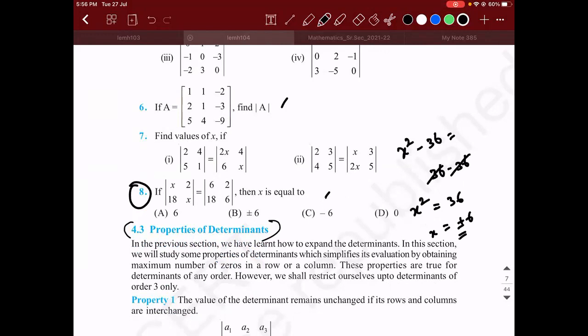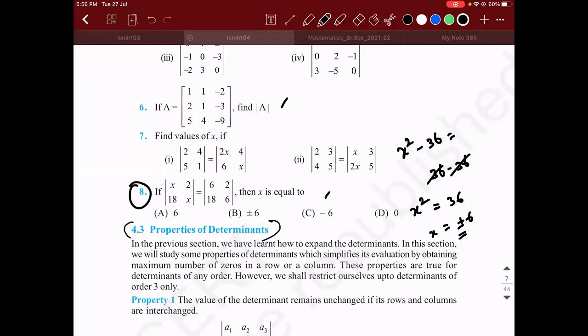No, sir. Determinant value cannot be negative.